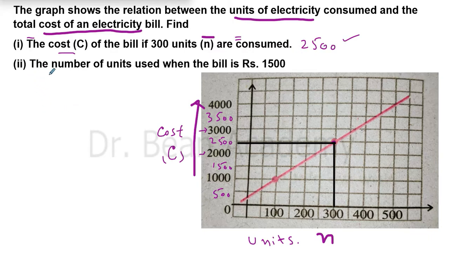Now come to the second part, the number of units used when the bill is 1500. So now it is the opposite because cost is along the vertical axis, so we have to find 1500 on the vertical scale, and I have already put the value 1500 because it was not written on the graph given by the examiner.